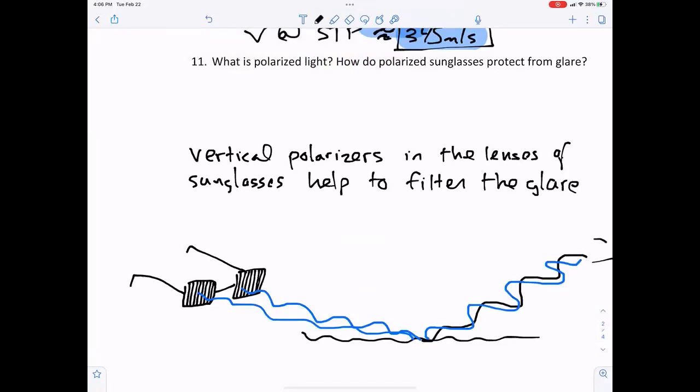Now, what is the glare? The glare would be horizontally polarized light. So what's reflecting off of a water surface or the hood of a car in front of you when you're driving?